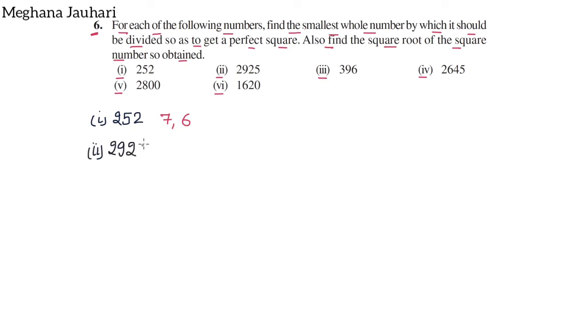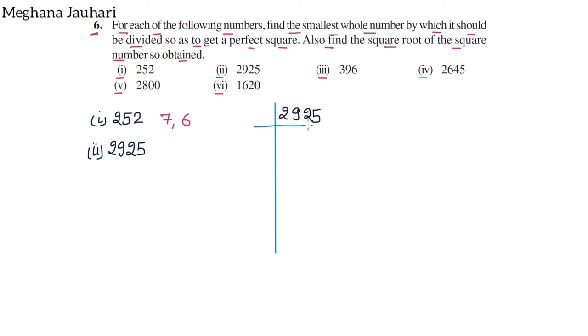So now moving to the second part, which is your classwork. Once again we are going to find the prime factorization of 2925. As you can see, this number is not an even number, so it can't be divided by 2, right? So moving to the next possible and smallest prime number, which is 3.